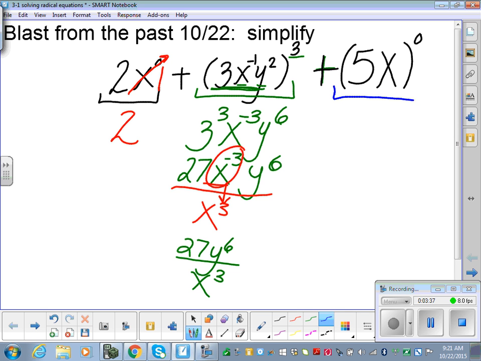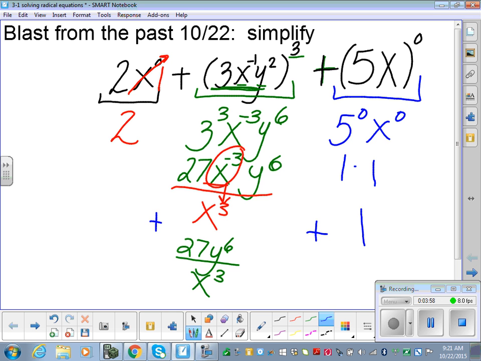So then right here, we have 5 and x raised to the 0 power. Are both of them raised to the 0 power? So we have 5 to the 0, x to the 0. What's any base raised to the 0 power? So we have 1 times 1, which is 1. So if you look back, we were adding, and we were adding.